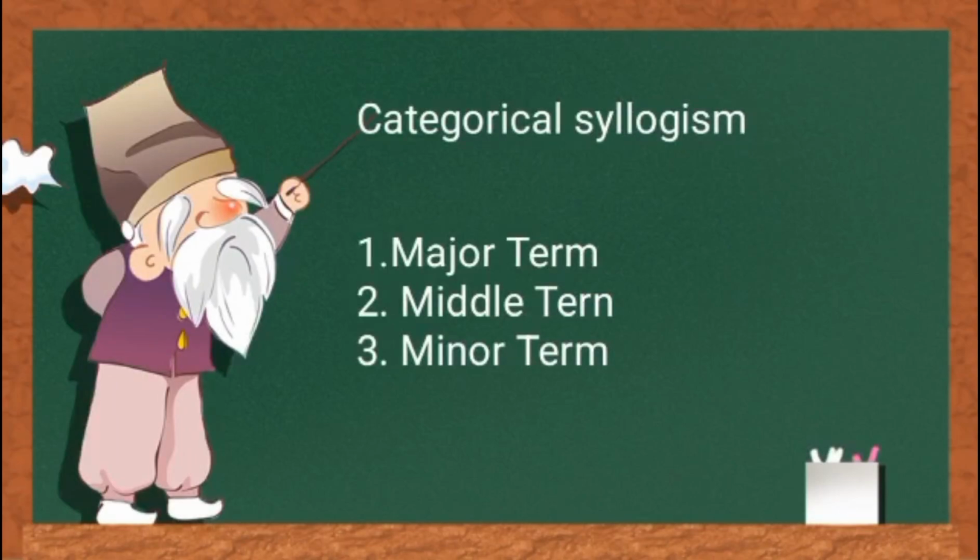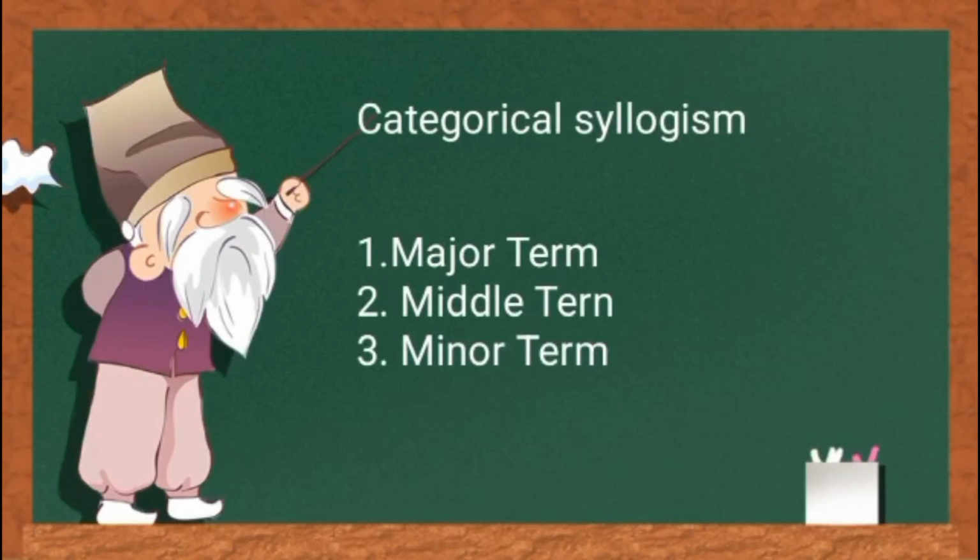A major term, which is in the major premise, designated by capital letters MP, is the predicate of the conclusion. And the middle term is found in the major premise and minor premise but never in the conclusion.